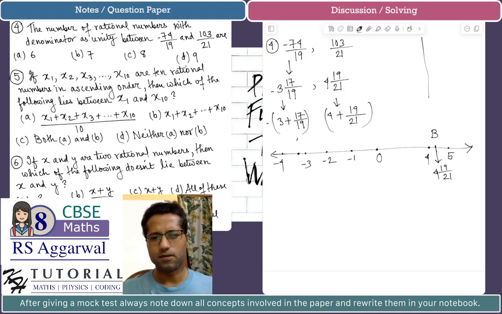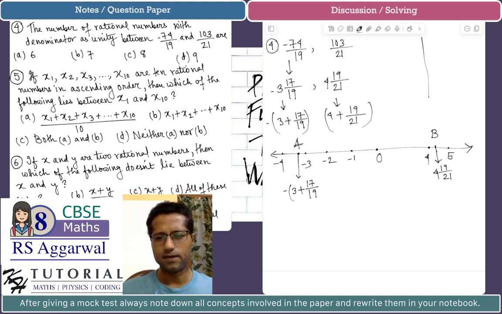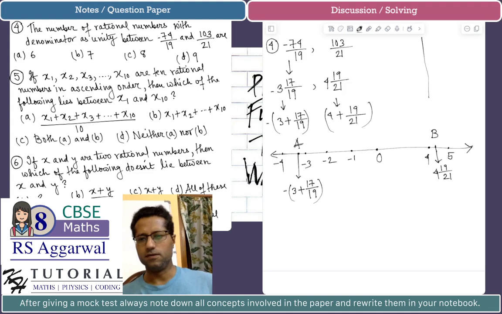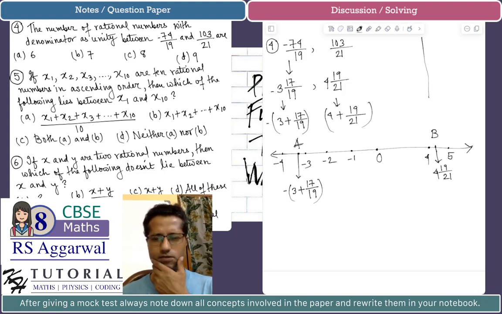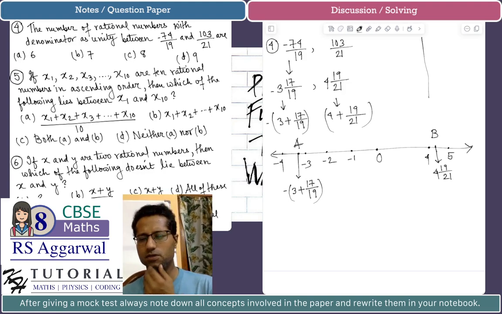This will be the point A, representing approximately the rational number negative of 3 plus 17/19. I have approximately located the two given numbers, one negative and one positive.